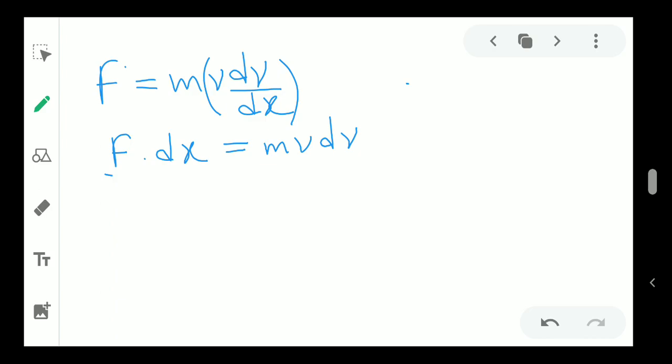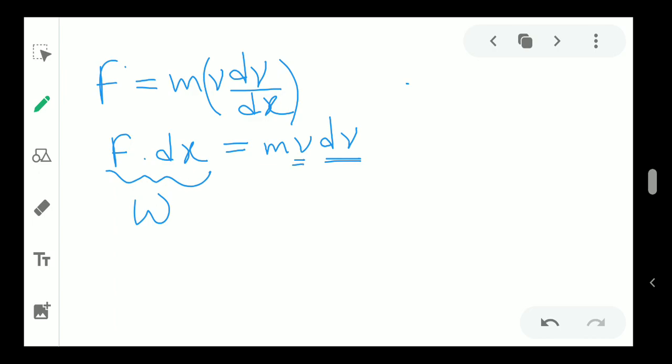What this equation tells us is that if there is a displacement of dx in some object when you apply some force F, then F dot dx is nothing but your work done. So the work done will be equal to m v dv. So dv is what? The change in velocity, and v is what?